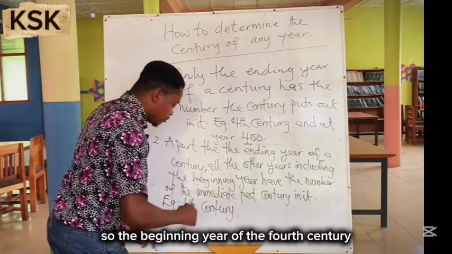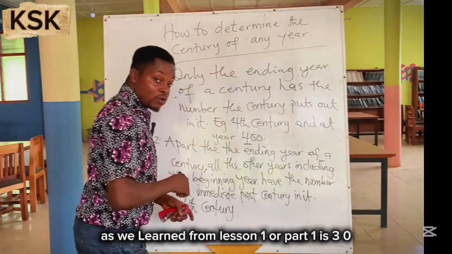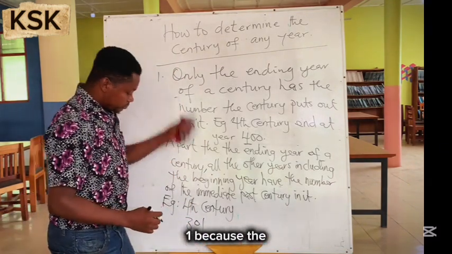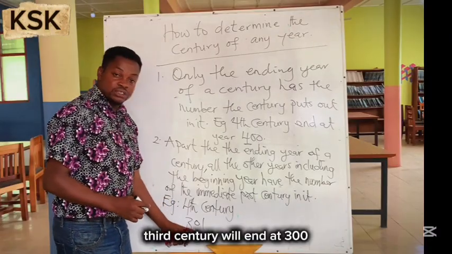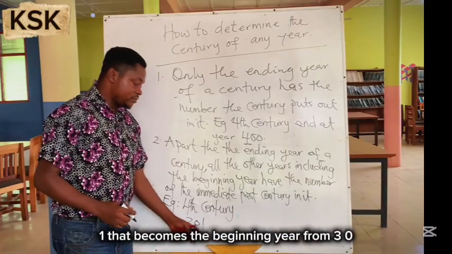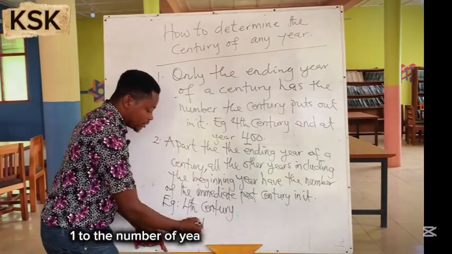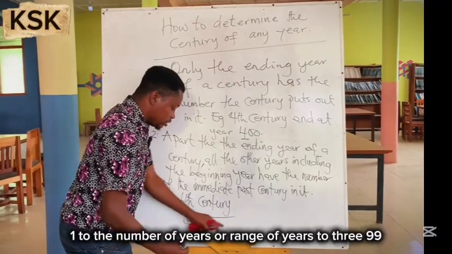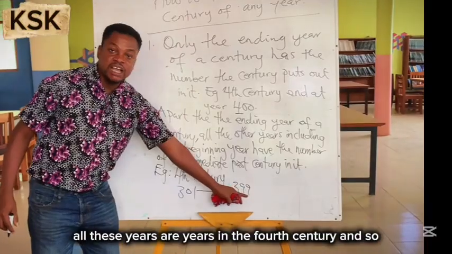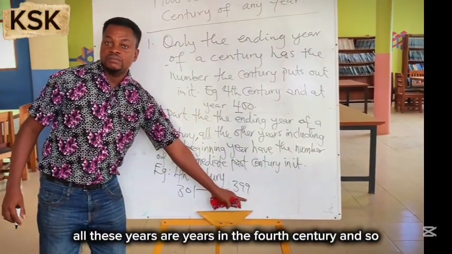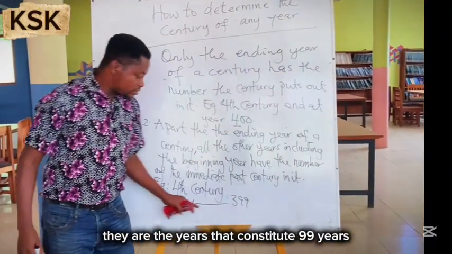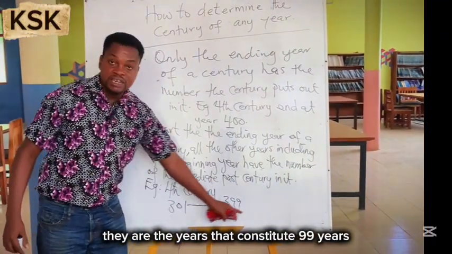The beginning year of the 4th century, as we learned from lesson 1, is 301, because the 3rd century ends at 300. So you add 1 to it and it takes you to 301. That becomes the beginning year. From 301 to 399, all these years are years in the 4th century, and they constitute 99 years.